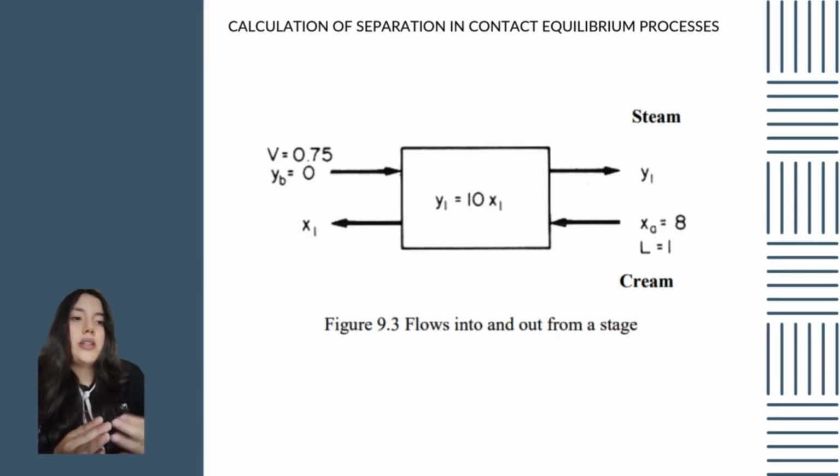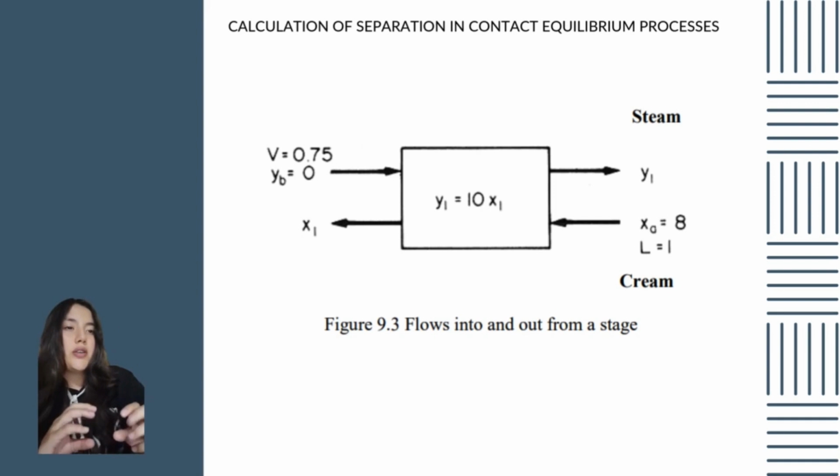The calculation of separation in contact equilibrium processes is a common method used in industries to remove unwanted components, like impurities, from a material. This process works by bringing two phases, such as a liquid and a vapor, into contact. During this contact, the unwanted component moves from one phase to the other, making it easier to remove.